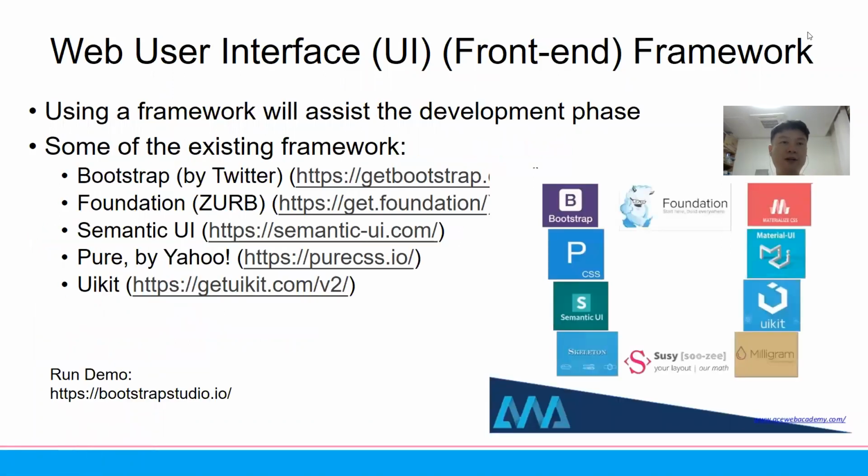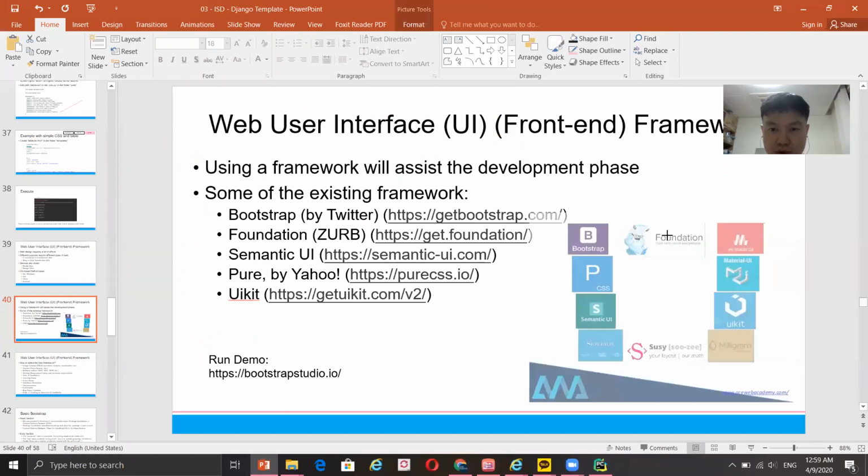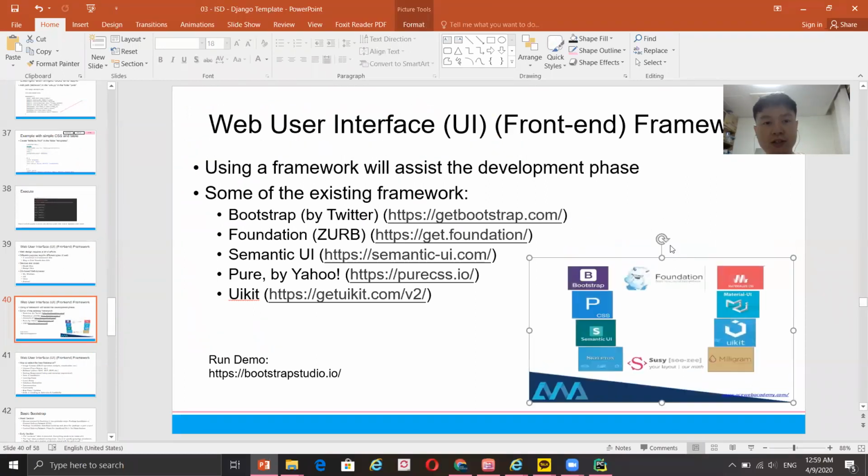There are many frameworks that already exist on the internet, and you can use a framework to assist you in the development phase. It means it will help you to make a good design without any concern about the styling. So there are some existing frameworks like Bootstrap, Foundation, Semantic UI, Pure by Yahoo, and UI Kit.